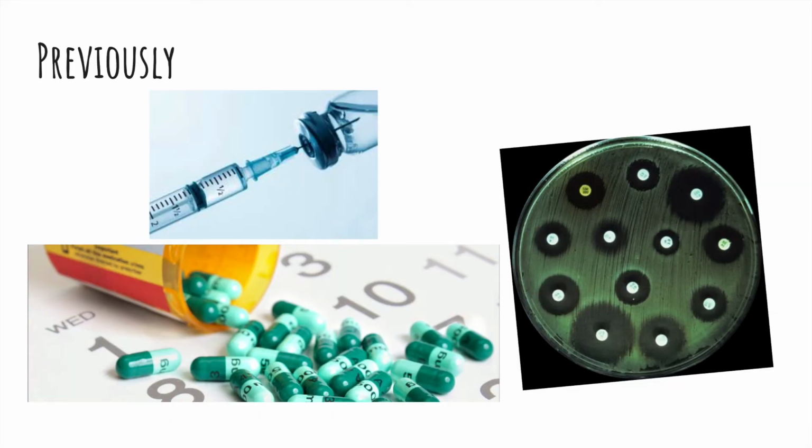Okay? Exactly what antibiotic resistance is. It's worth just reminding ourselves of what antibiotics are and what we use them to counter. So we looked at antimicrobials last lesson, and general medicines the lesson before that.